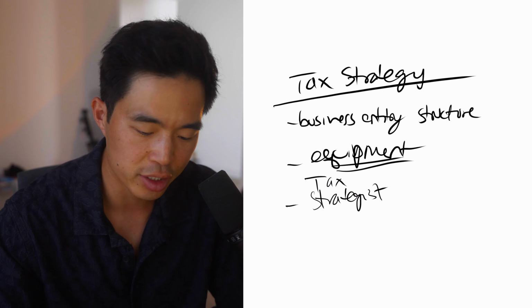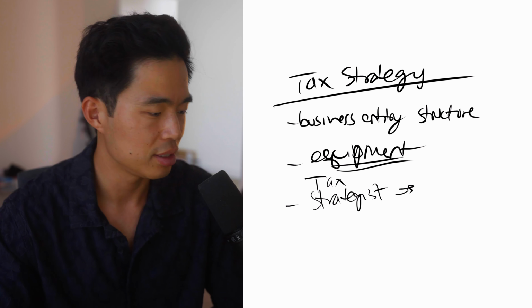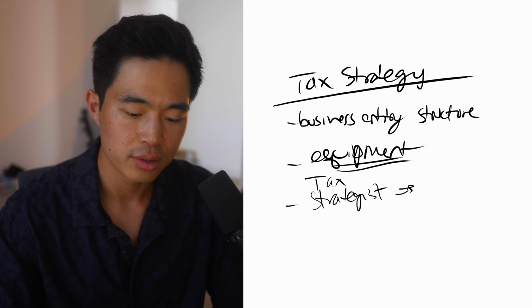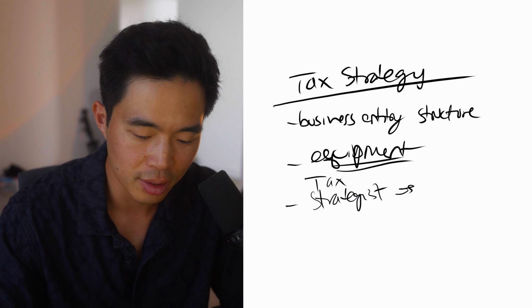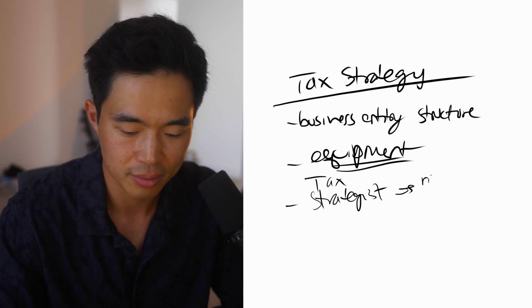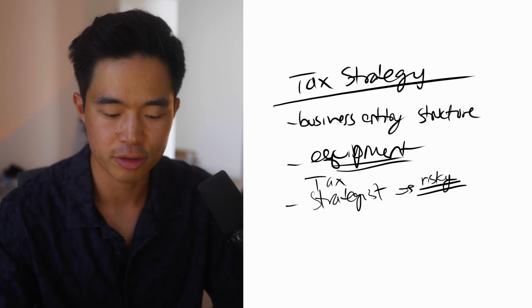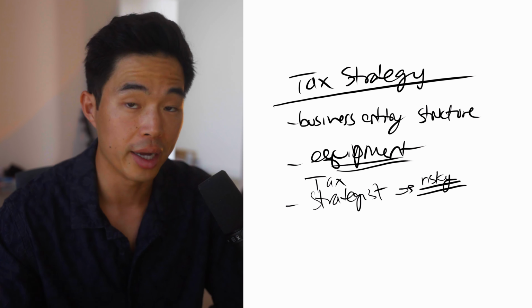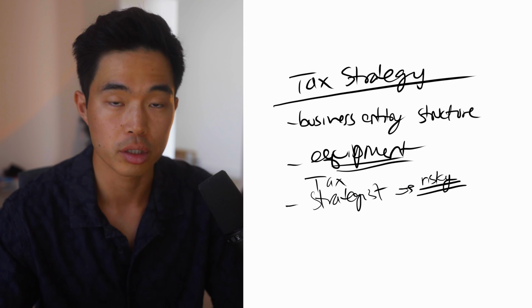And you want a tax strategist that's not too traditional. That's what I'll say. Someone that is a little bit more risky. Because a very traditional tax strategist is for sure going to cost you money and you're not going to be taking some deductions that you should take. Okay, so that's all I'm going to say about tax strategy.